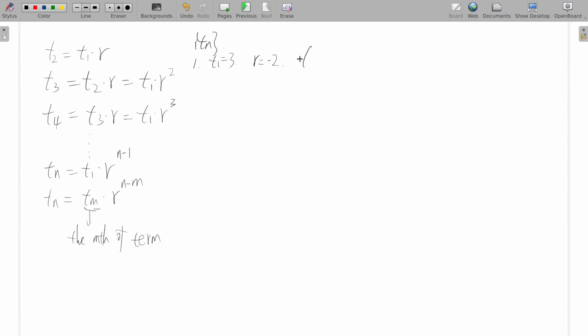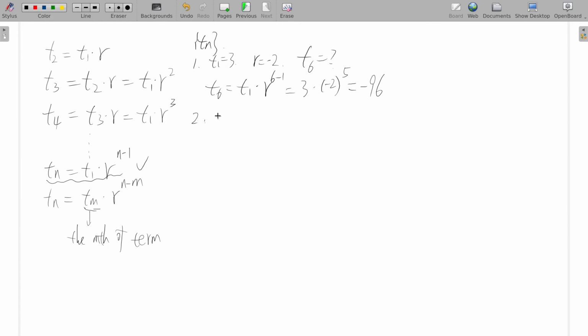What is T6? We can use the general form: T6 equals T1 times r to the power of 6 minus 1. So it equals 3 times (-2) to the power of 5. We simplify, that is -96.